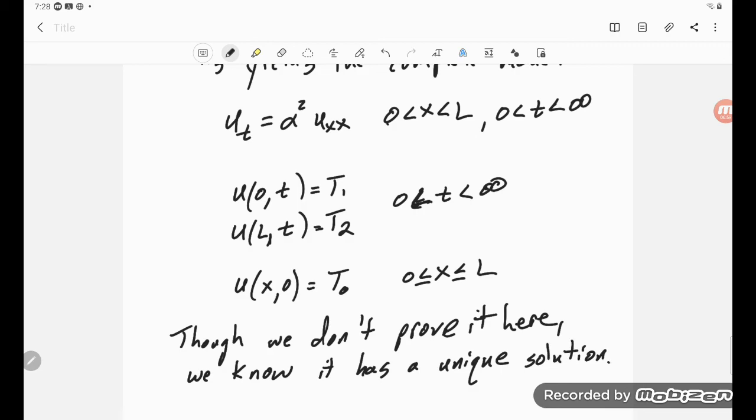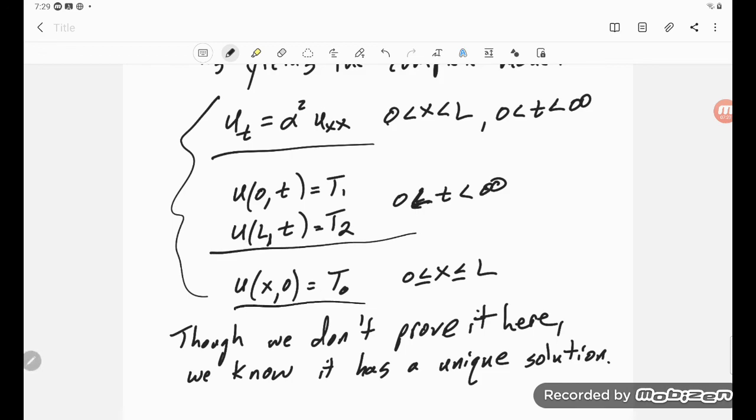Okay, so our time would be spent trying to find what that unique solution is. But that takes care of our boundary and initial conditions, which then gives us this complete model statement here, where we give the PDE as far as how we model the flow itself, but then we also give you the boundary conditions and the initial conditions, which are needed to actually solve the problem. So there we go.